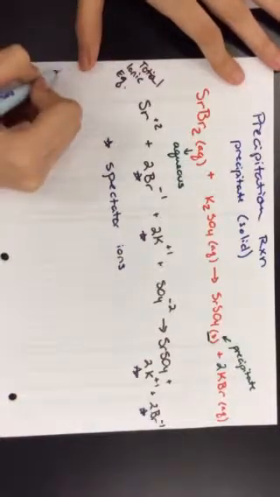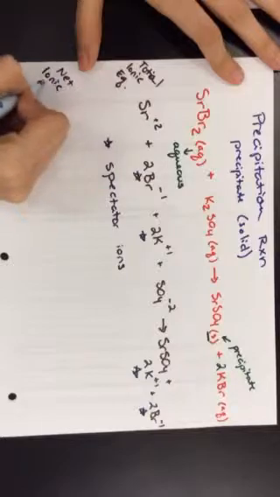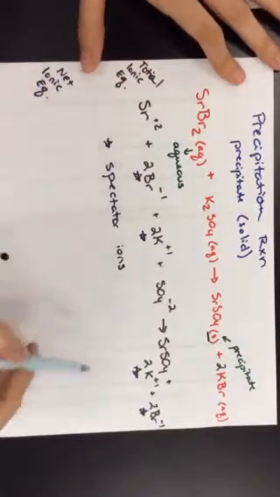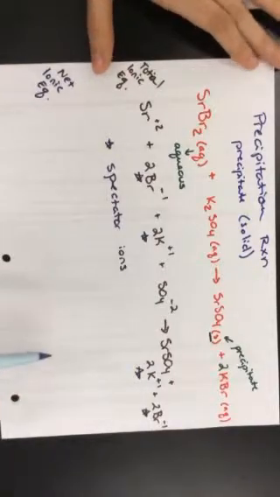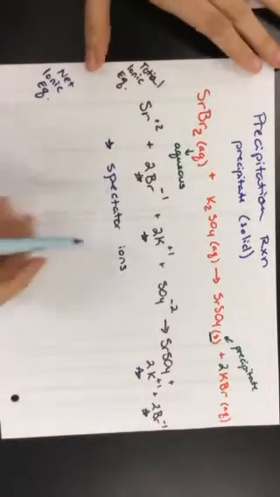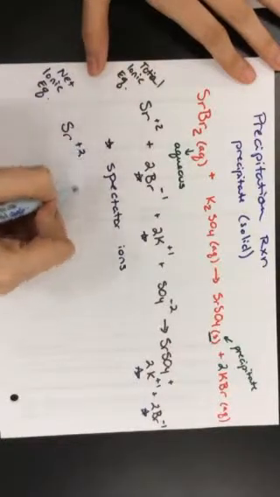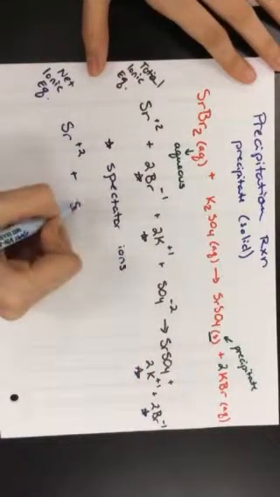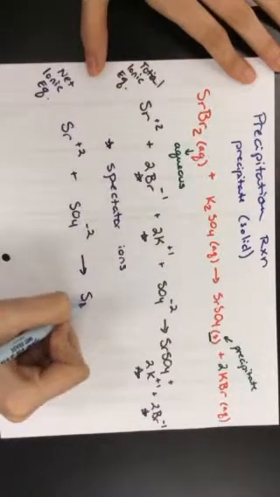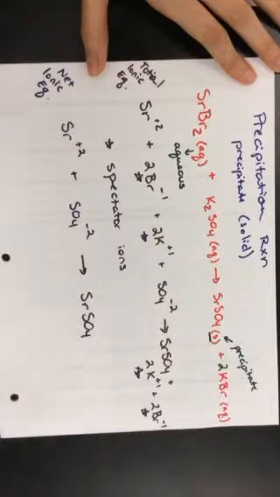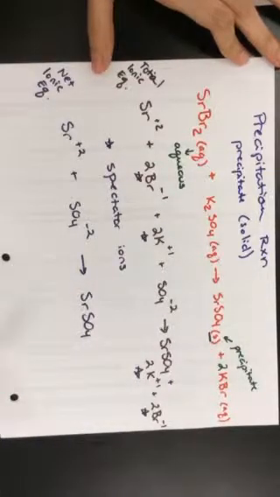So when we write our net ionic equation, we ignore the spectator ions. So everything that has a star next to it does not get included in our net ionic equation. So what's left is our strontium with a +2 charge and our sulfate with a -2 charge, and that yields strontium sulfate. This is your net ionic equation.